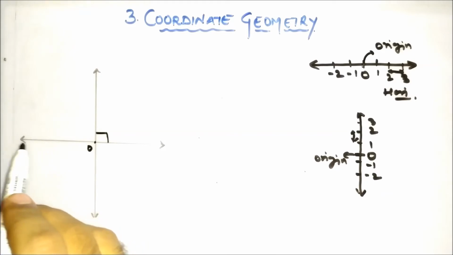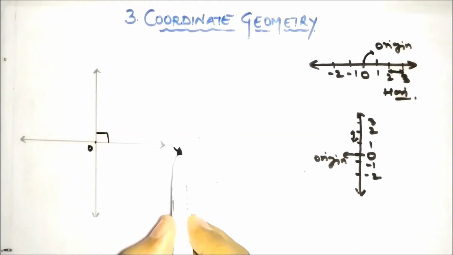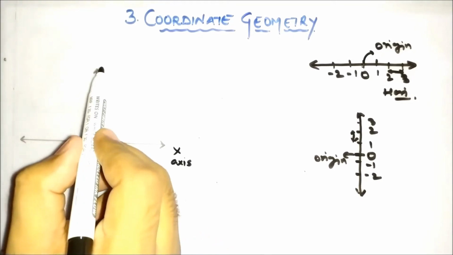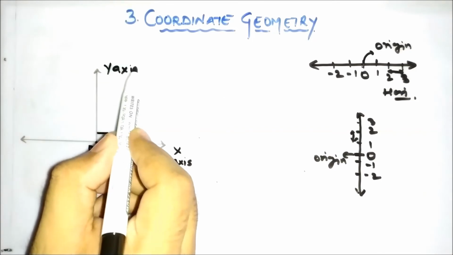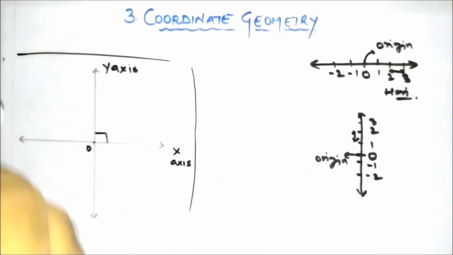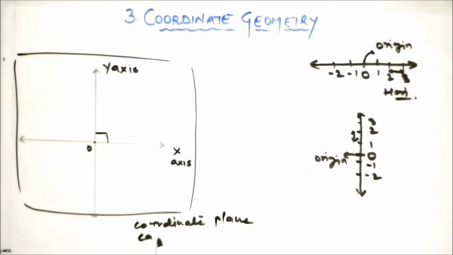Okay, now here this horizontal line is known as the x-axis and this vertical line is known as the y-axis. Okay, and the plane on which these lines occur is known as the coordinate plane, or you can name it the Cartesian plane, or you can name this also the XY plane.